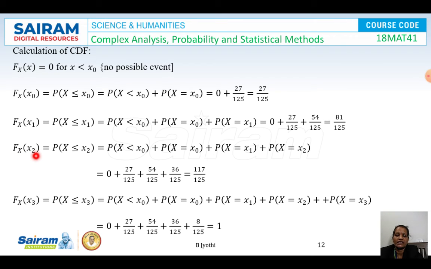The next one is F of x2, that is P of x less than or equal to x2, or P of x less than x0, P of x equal to x0, P of x equal to x1, plus P of x equal to x2. So we have 0 plus 27 by 125 plus 54 by 125 plus 36 by 125, that gives 117 by 125.